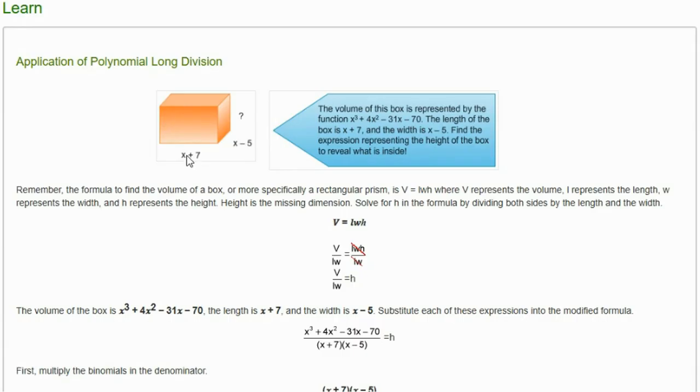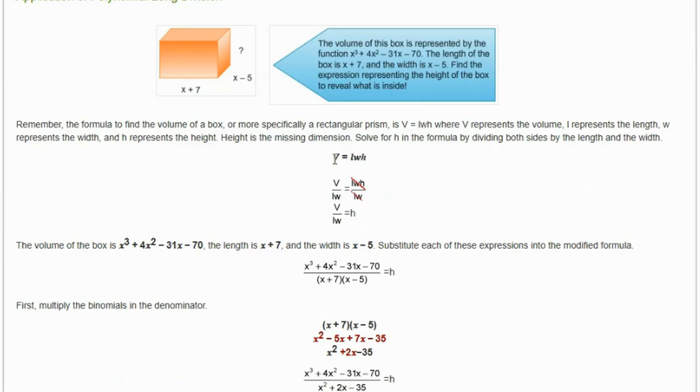If we know the length is x plus 7 and the width is x minus 5, we don't know the height, but we could divide the volume by the length and width to find the height, because the formula is volume equals length times width times height. If we want to know the height, we can rearrange the equation, divide by length times width to get height by itself. So the height is the volume divided by the length times width.